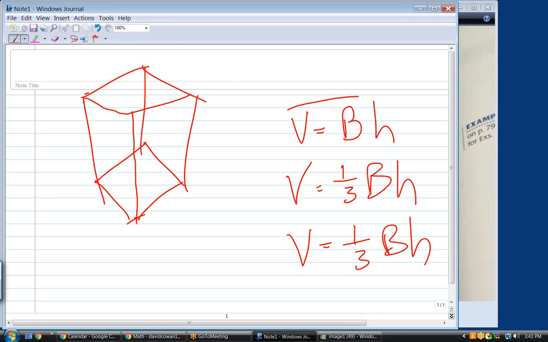That's this formula here for all prisms. Whether the base was a circle, a square, 5-sided, 18-sided, it wouldn't matter. I would just take the area of the base times the height.